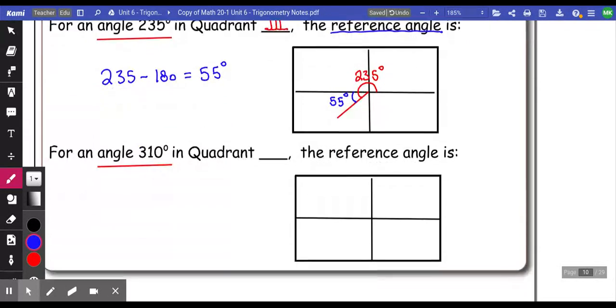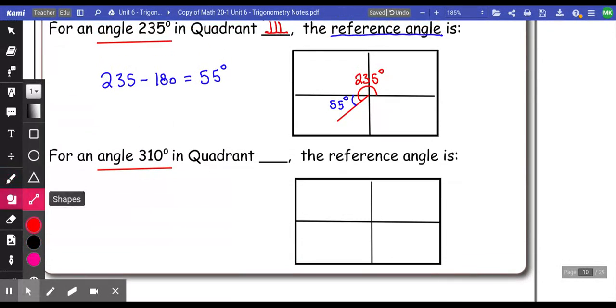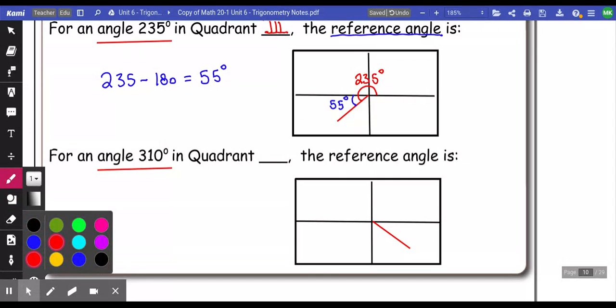There we go. This one, 310 degrees. So again, start here. This is 90, 180, 270, 360. We don't want to get all the way to 360, so we go about there, and we call that angle like that. We call that 310 degrees. The reference angle is this angle in here.